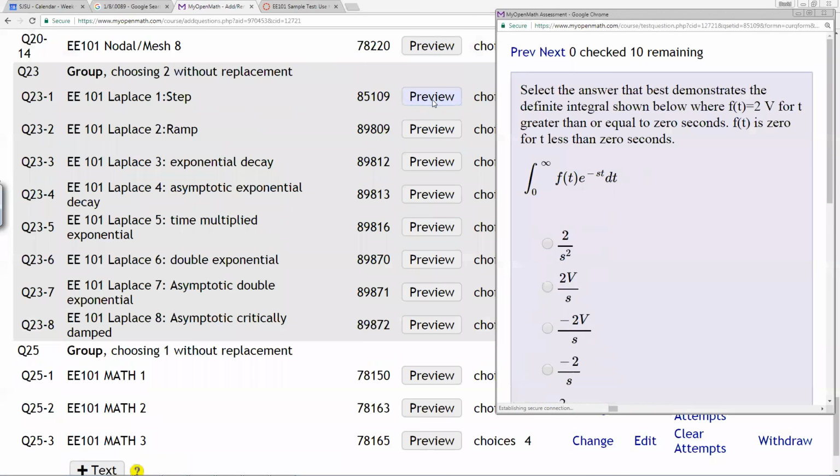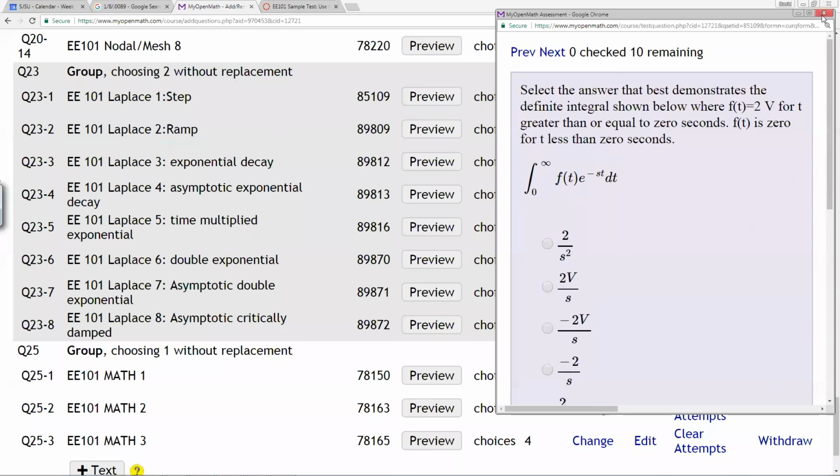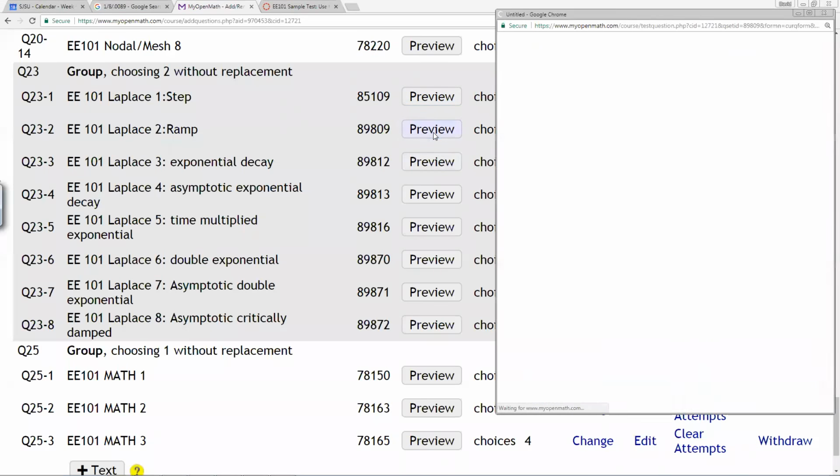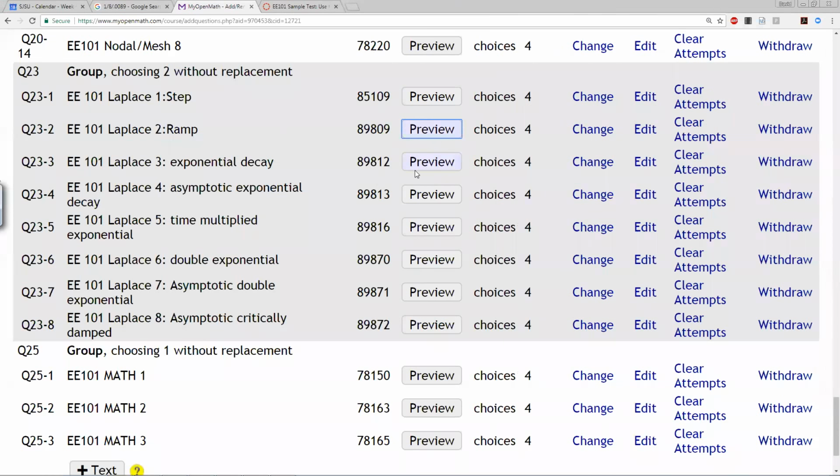But probably the most important ones, like 2, is really just a step function, so that one's fairly straightforward. The ramp is just a straight ramp, and so you get t times an exponential. That one needs integration by parts.